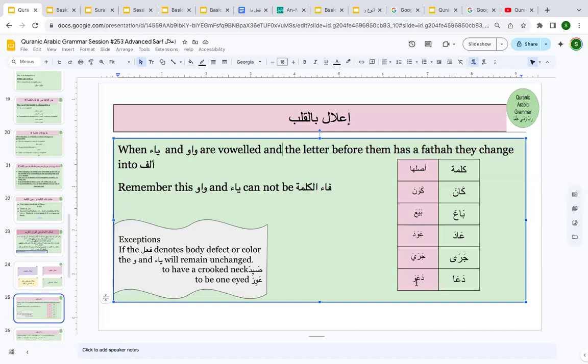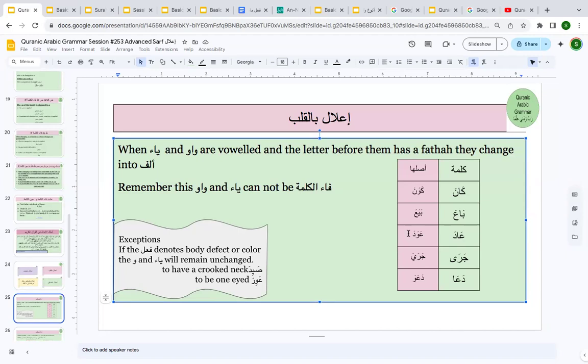Saying da'a is easy or da'awa is easy? Da'a is easy, right? So here, all these kalimat have undergone a change because all these words had waw and ya as a root letter, and that waw and ya had a haraka, which was fatha, and the letter before them also had a fatha, so they changed themselves into alif.